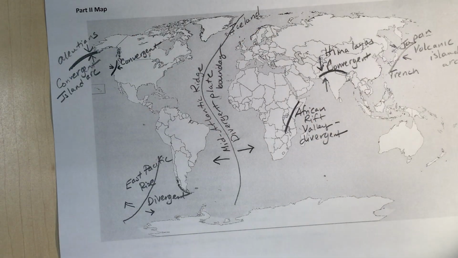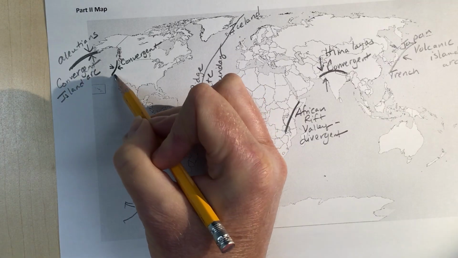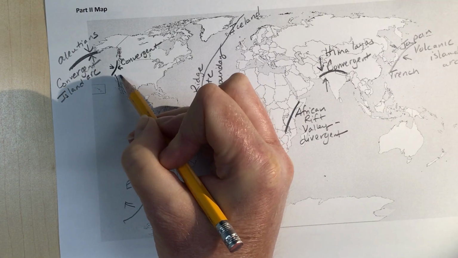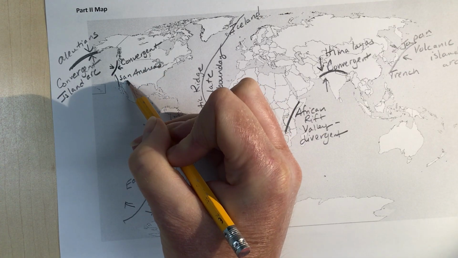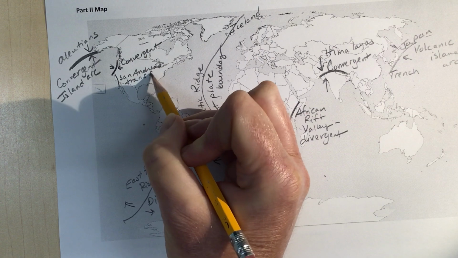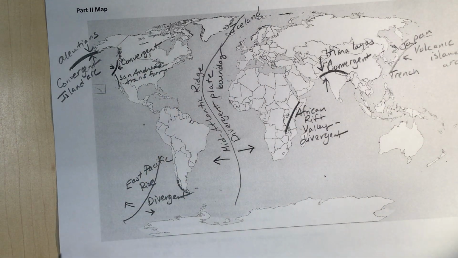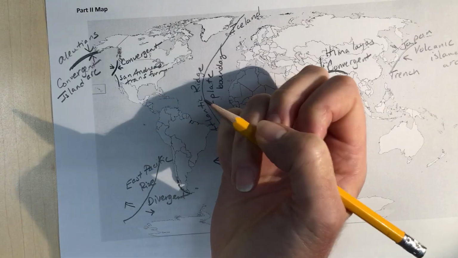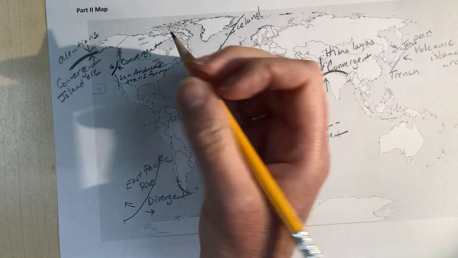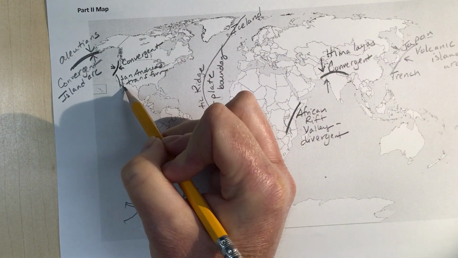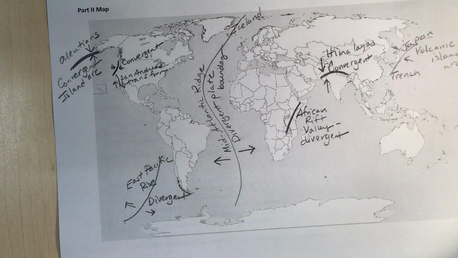All right, where we are down here in California, we have the San Andreas Fault, and it's called a transform plate boundary where they slide past each other. If you remember, one plate, let's see if I can remember which way it is. I'm pretty sure this one's going down and this one's up, but I could have that flipped, but that's okay because you don't need to know that. You need to know it's a transform boundary. You don't need to know which plate is moving in which direction.